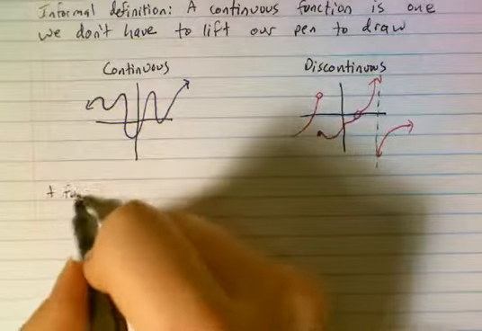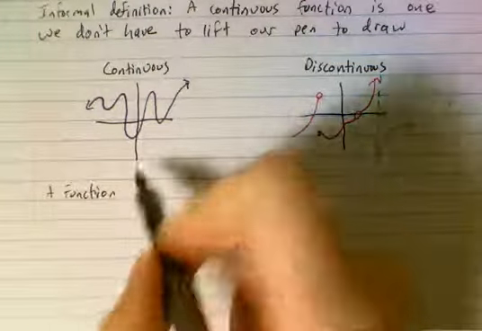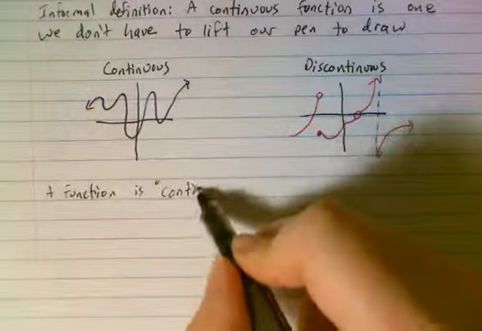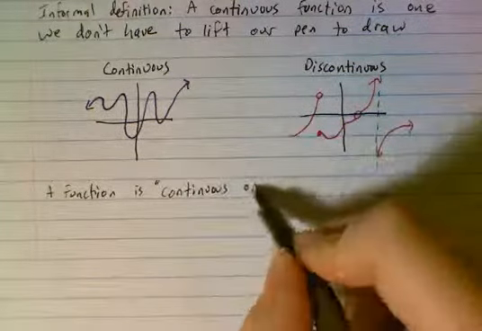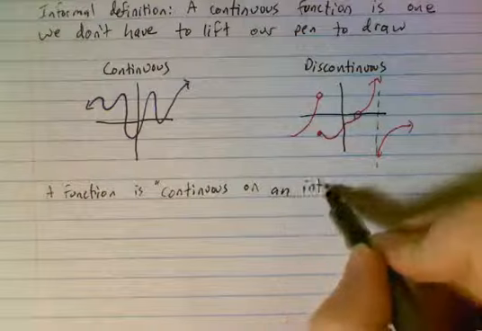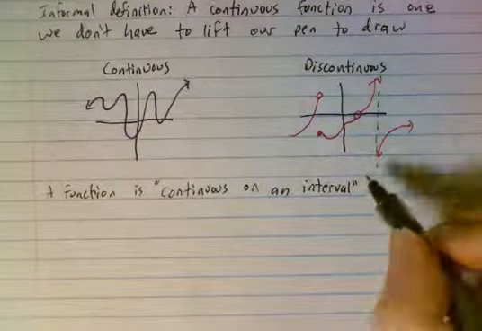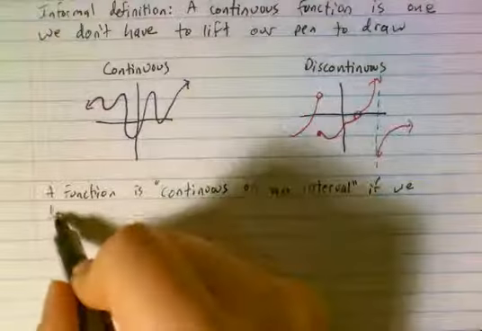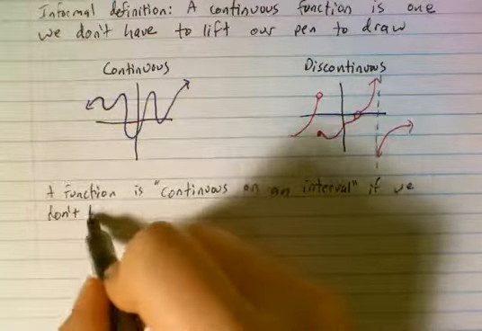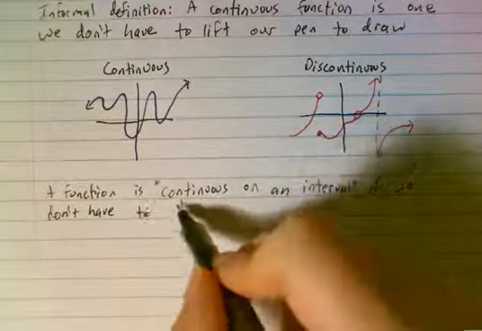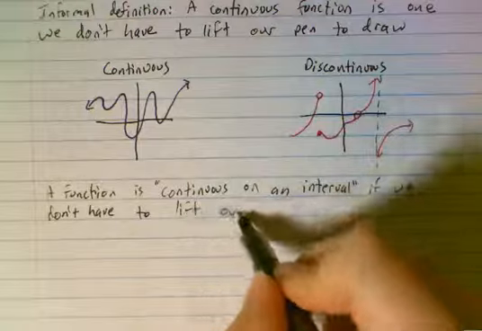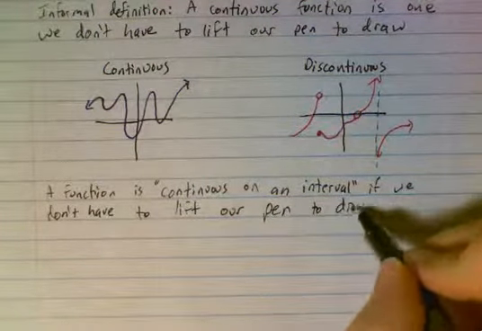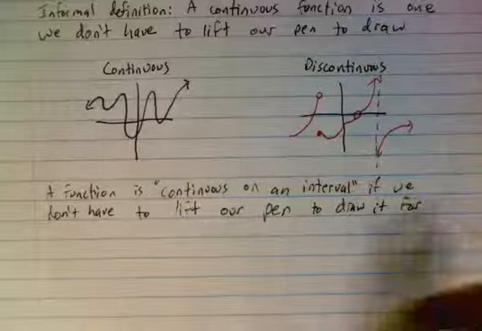So a function is continuous on an interval if we don't have to lift our pen to draw it for that interval.